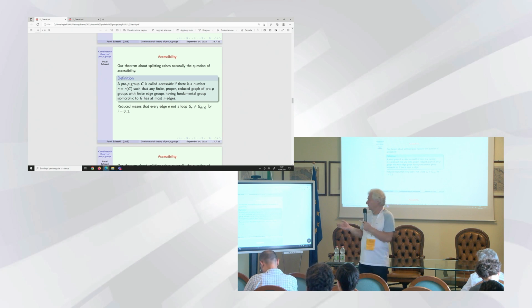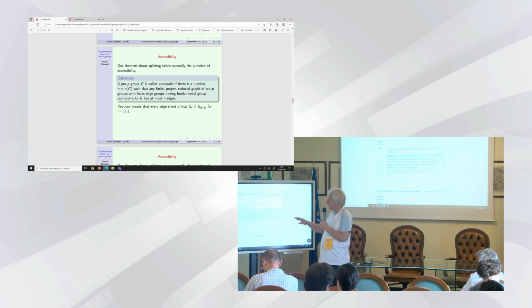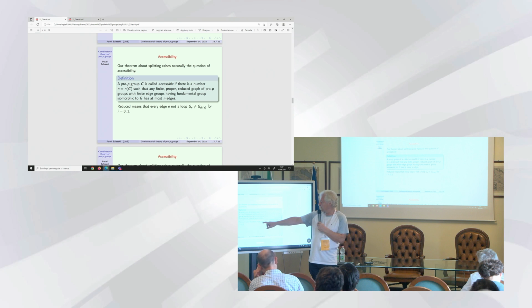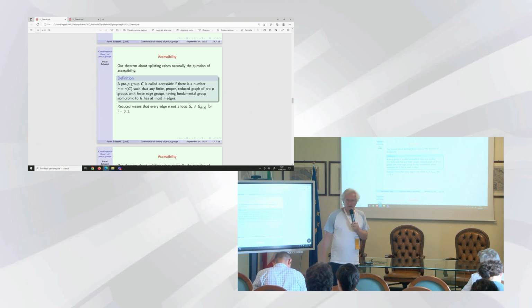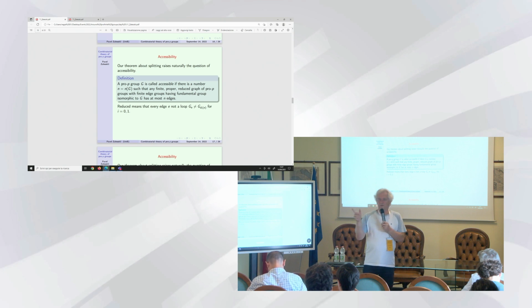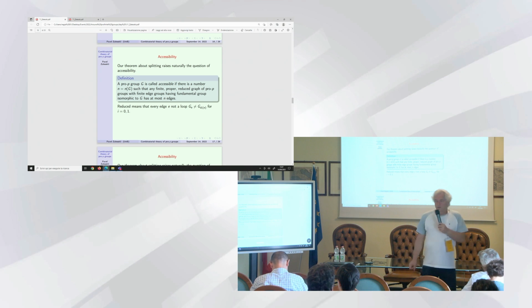So the way to eliminate from graphs of groups this fictitious splitting is you just say that every edge which is not a loop has the following condition: that the edge group should be different from the vertex groups that it is connected to, the extremities.